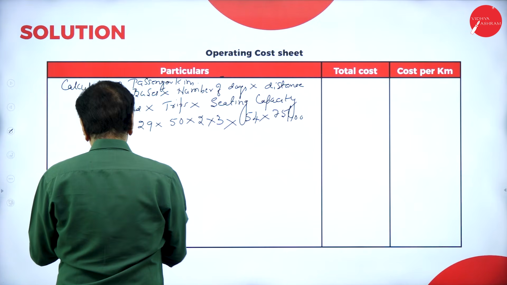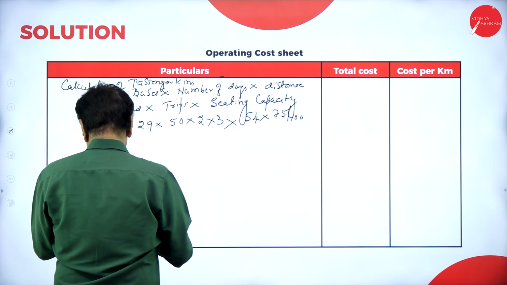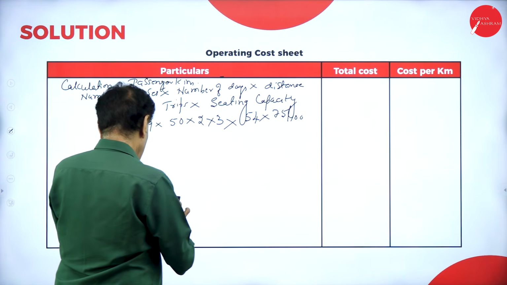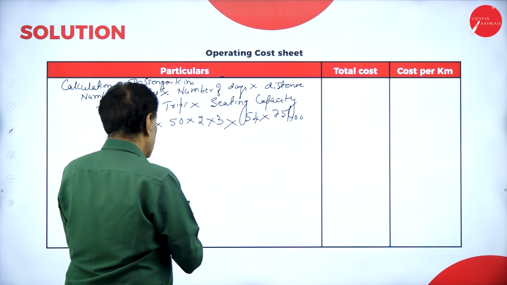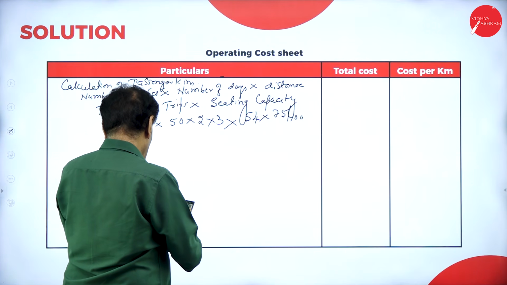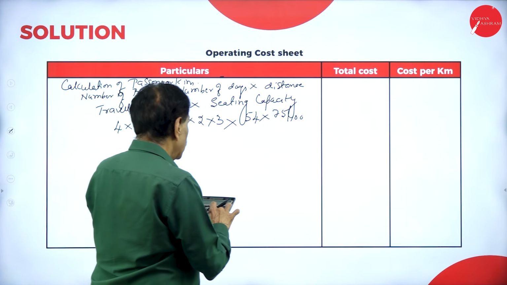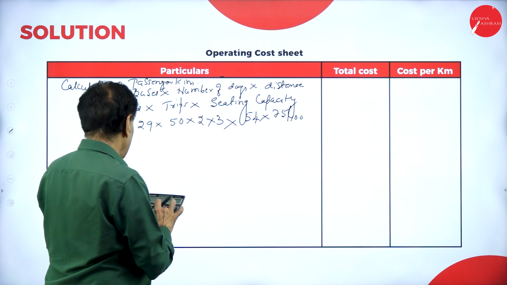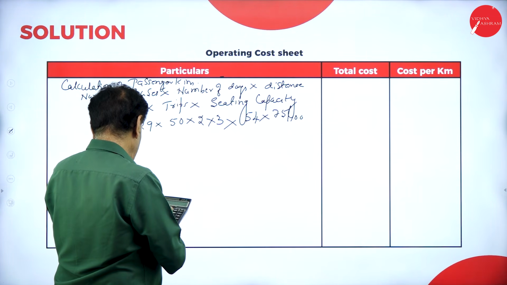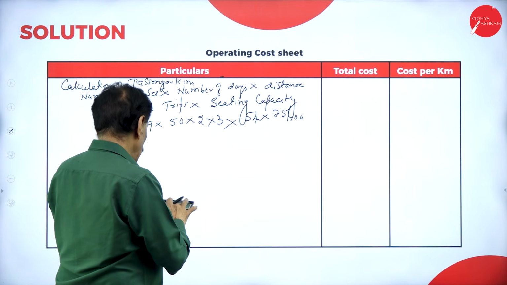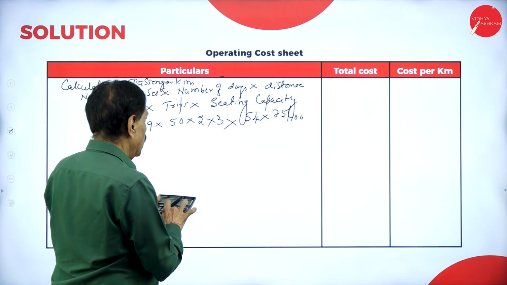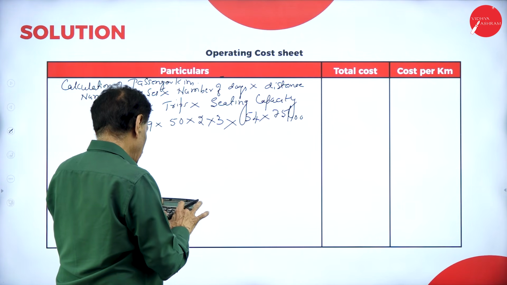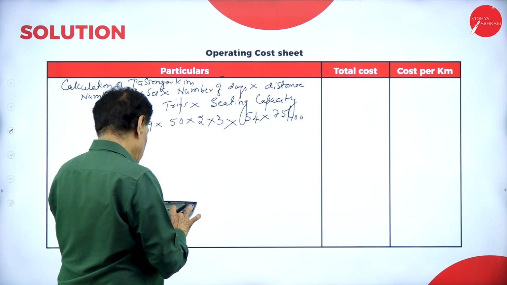This is 4 into 29 into 50 into 2 into 3 into 54 into 75 divided by 100.